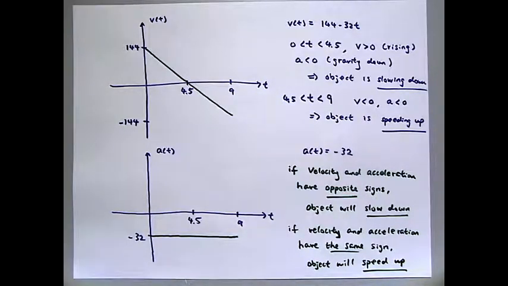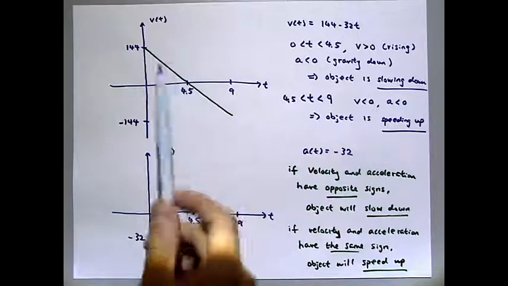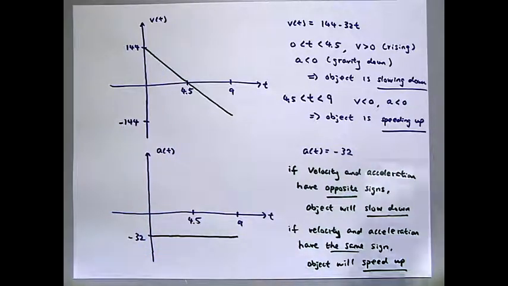Okay? So if you can get the velocity and acceleration graph, even if you don't truly know what the motion of this object looks like, you can always tell just by looking at the signs what is happening. Speeding up, slowing down, that kind of thing.